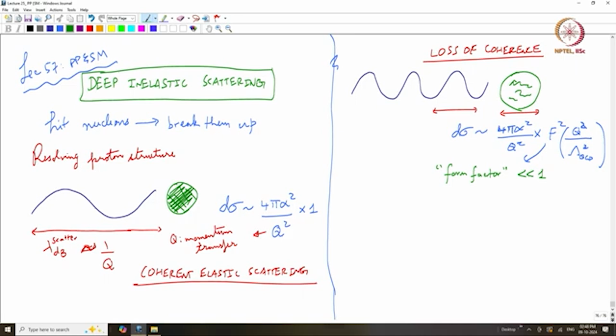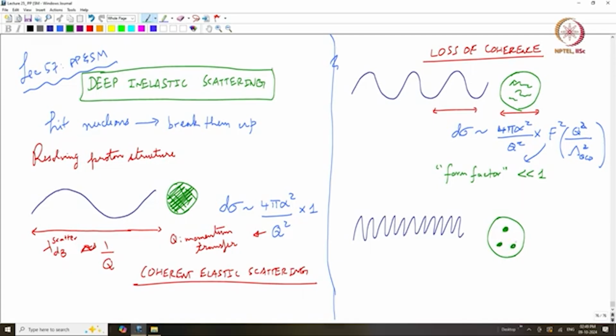Finally, in the extreme case, suppose I have a really energetic probe, okay, that is when I can actually start resolving the inner structure of the proton.